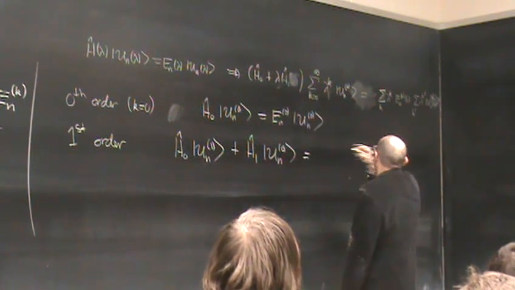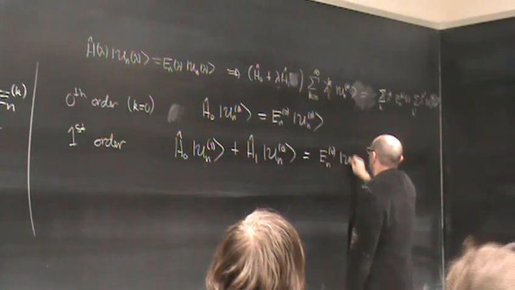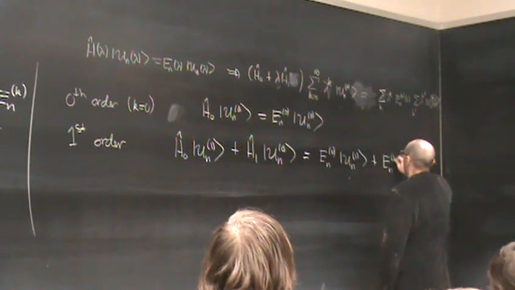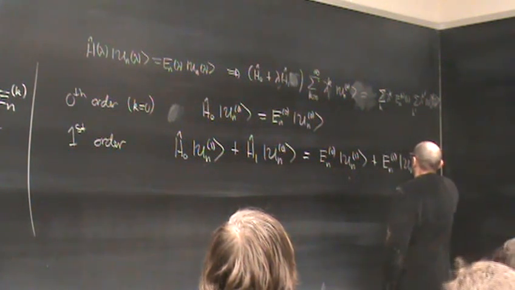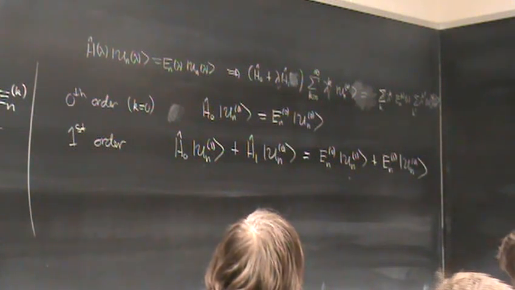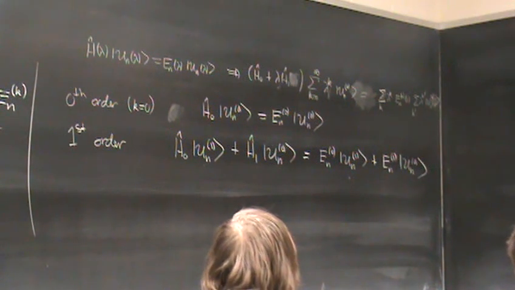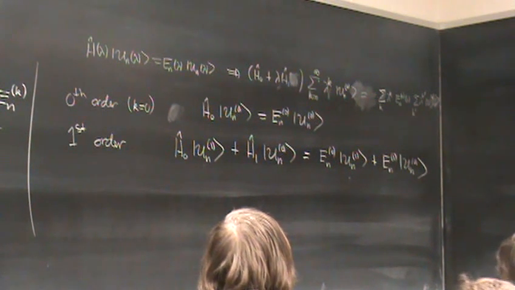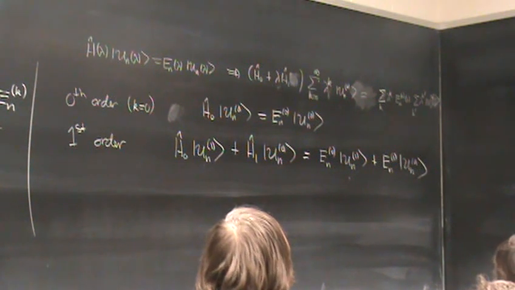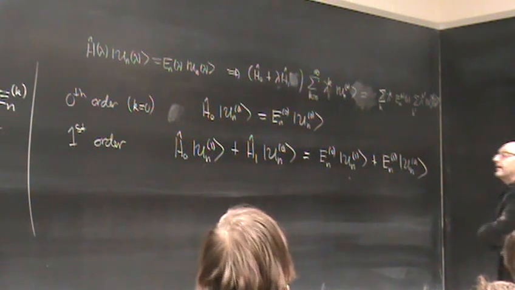And then I have an E_n0 u_n1 and an E_n1 u_n0. Okay. Those are, on the left-hand side, the terms that have 1 power of lambda. And on the right-hand side, the terms that have 1 power of lambda. All right?